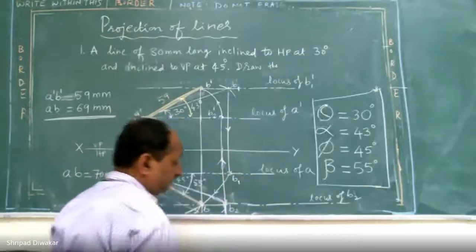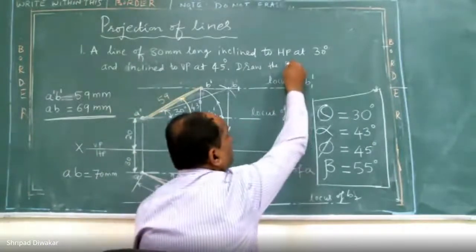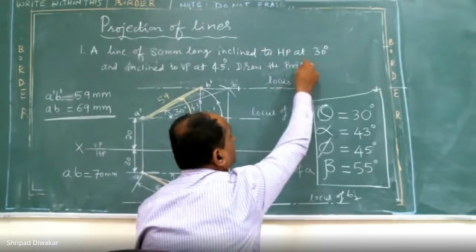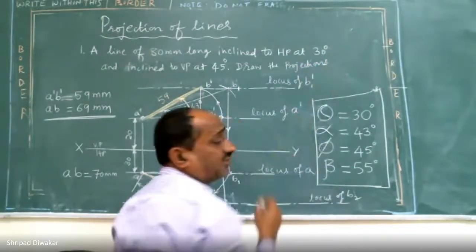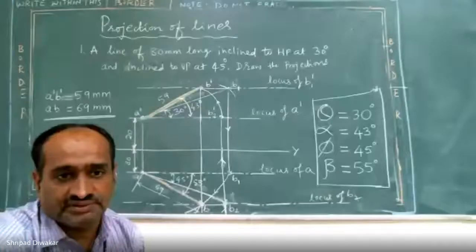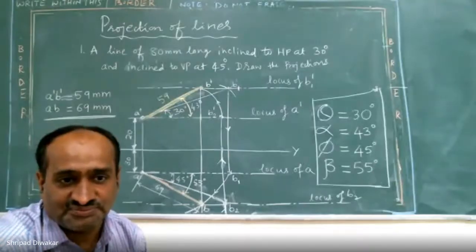Anybody? Can you analyze? The dimensions are the same. What is the difference between the first problem and this problem? In the first problem, they had given dimensions of top view and front view, sir. Good. And in this one, they haven't given any dimensions. Then how to start with this problem?